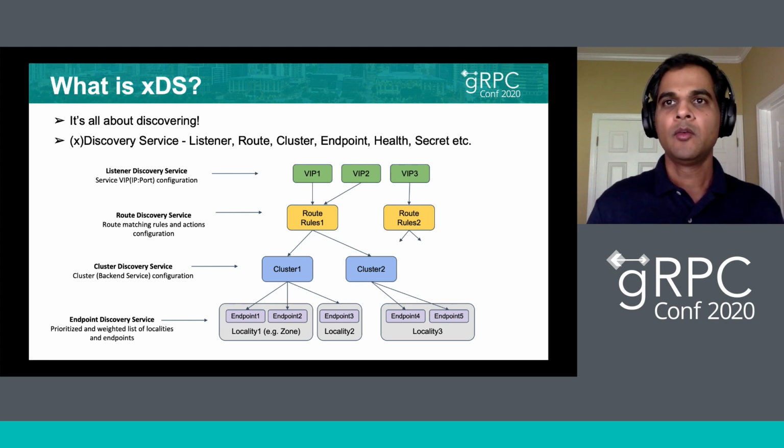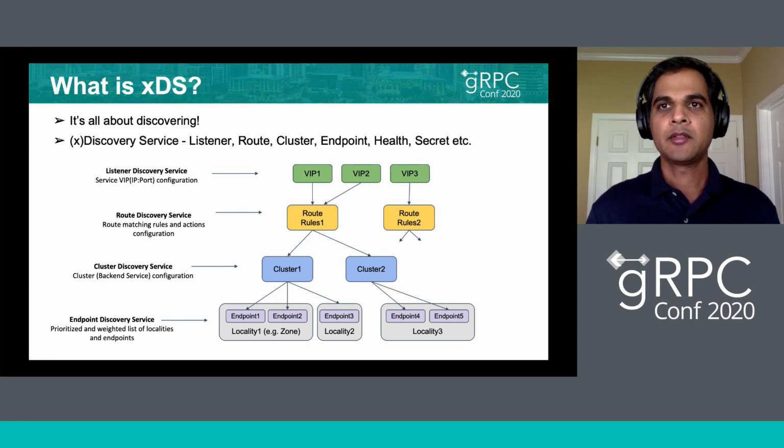So you have a virtual service in a service mesh, which is assigned a virtual IP and ports on which the service listens. And that is called a VIP. When an application wants to send a request to a service, it does a DNS lookup and sends the request to the virtual IP, which is the VIP here.